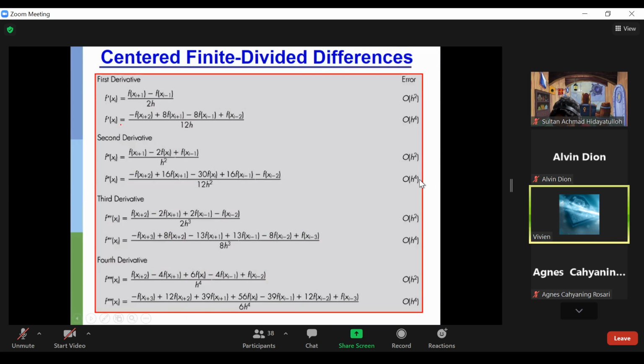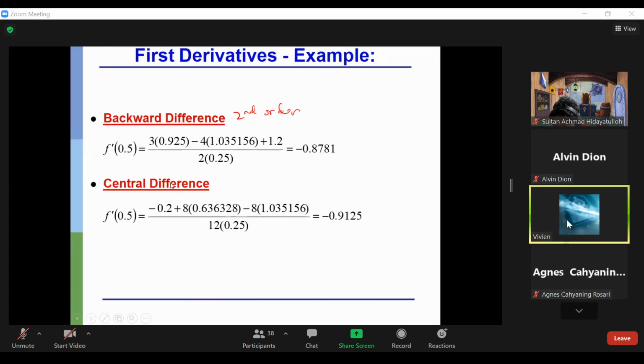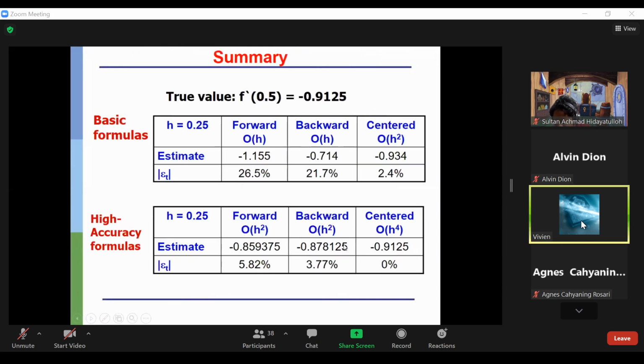So the last one that we tested here is this equation: minus f(xi+2) plus 8 f(xi+1) and so on. So we find the first derivative, which is fourth order, over 12h. We see the result here that it ends up as the exact solution.